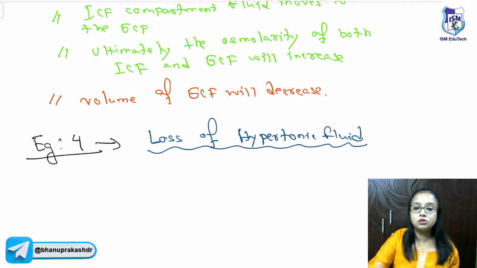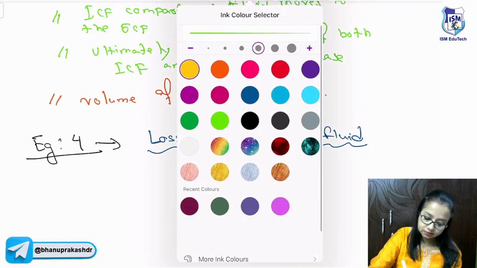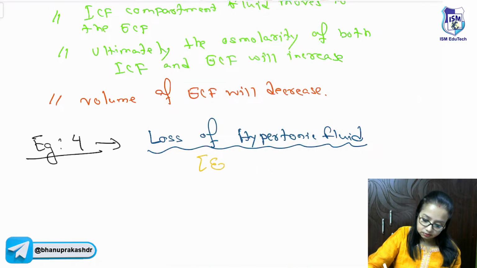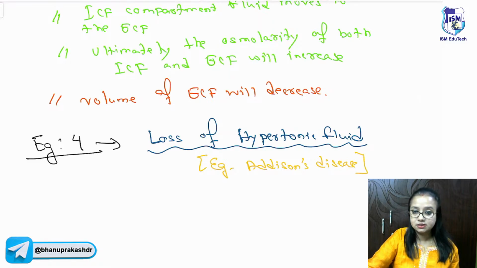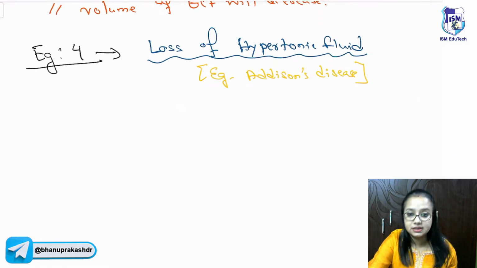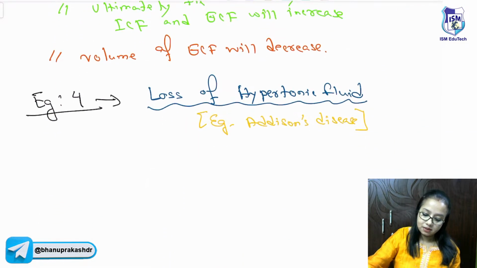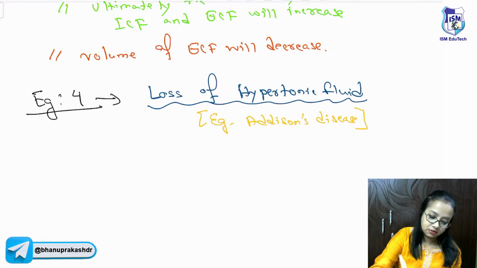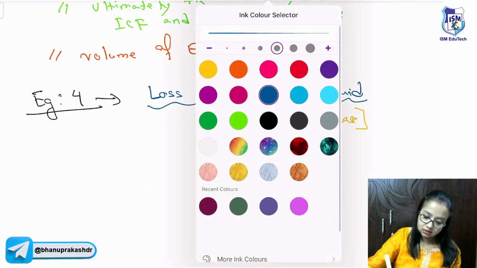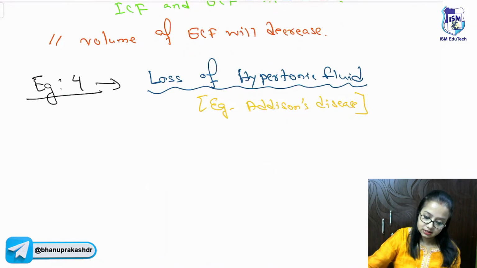When there is loss of hypertonic fluid, like fluid that is rich in electrolytes like sodium and chloride, that is lost. Example, Addison's disease. Now, what will happen in Addison's disease if we draw the Darrow-Yannet diagram?